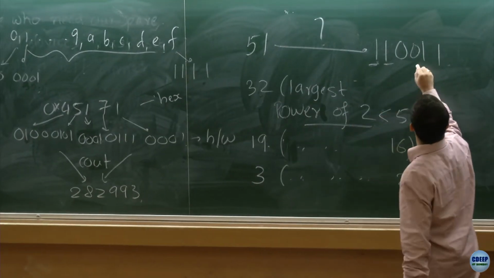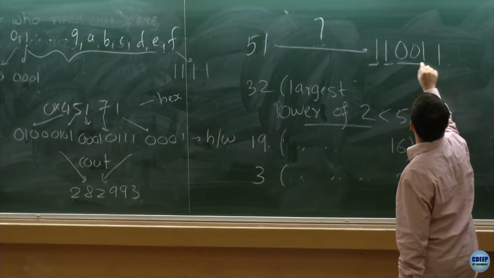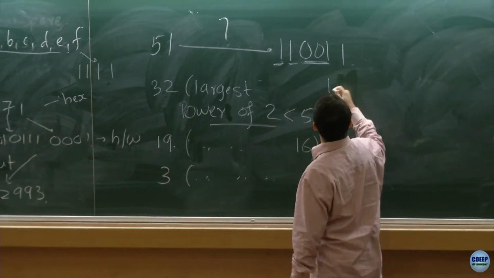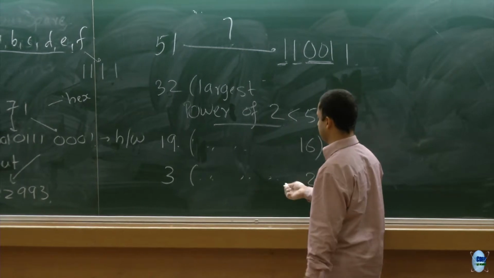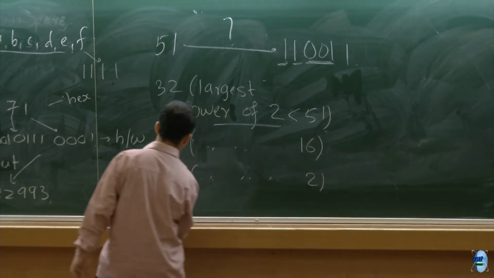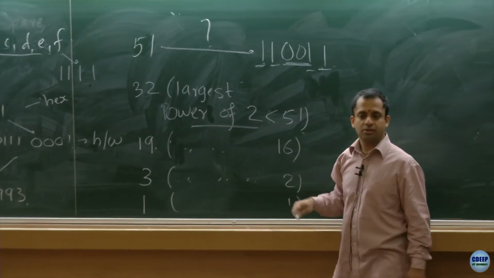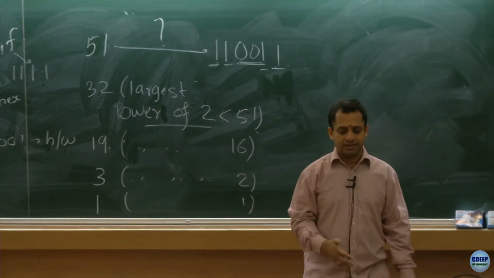So that basically means that these all will be 0. So 2 is basically 1 0, right? So you have already jumped, and then again you'll have remainder 1 that corresponds to 2 raised to 0. Okay, so roughly that's how we do it.